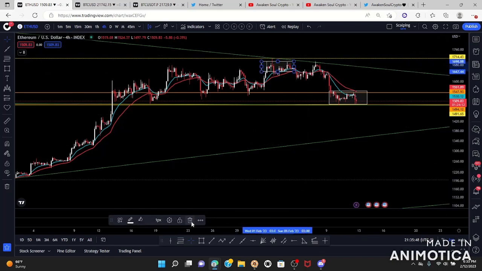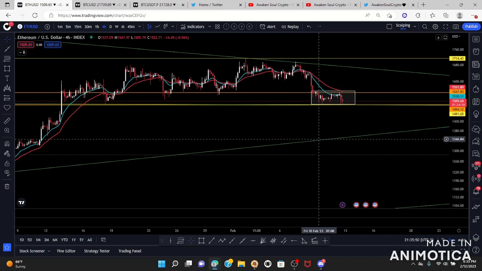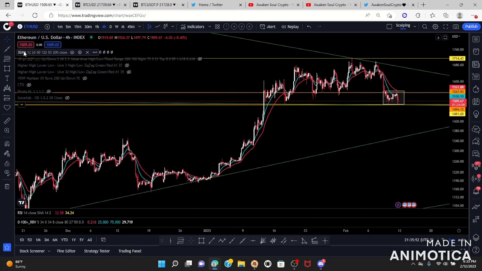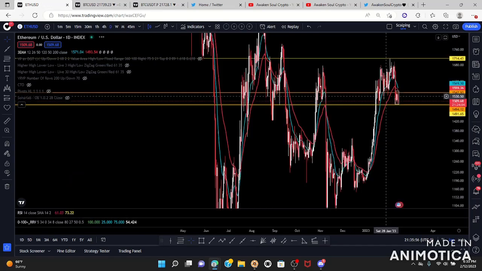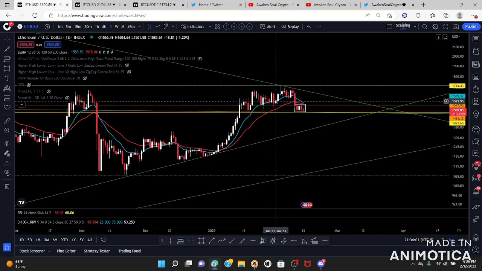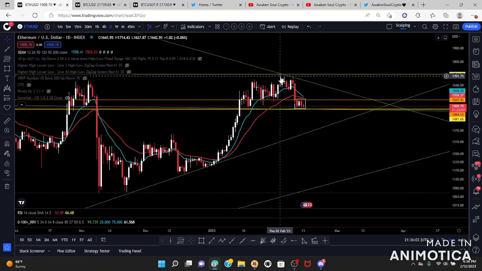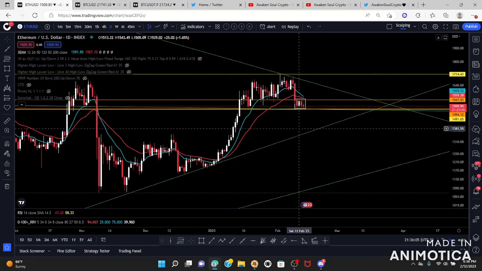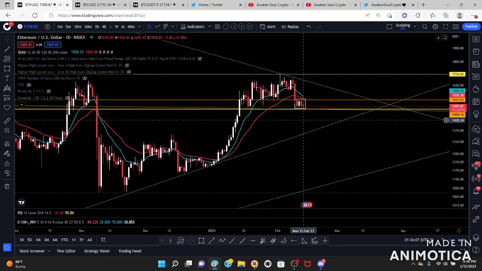Before we do that, it's also important to look at whether you're in a bearish or bullish trend. By looking at your daily, you could see price action above the 12 and the 26 EMA. That's a bullish trend. Price action is below your 26 EMA now.